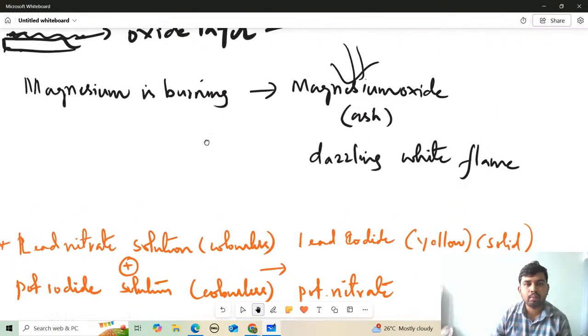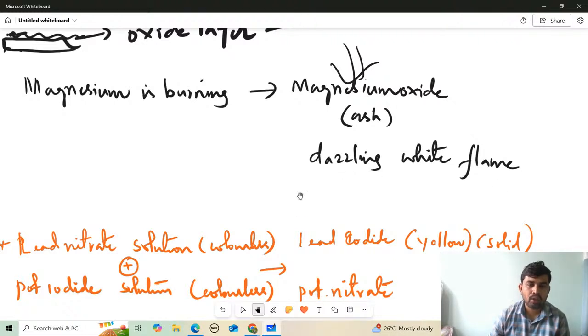When we burn magnesium, magnesium oxide forms as a white colored ash powder. Along with that, when magnesium undergoes combustion, it produces a dazzling white flame.